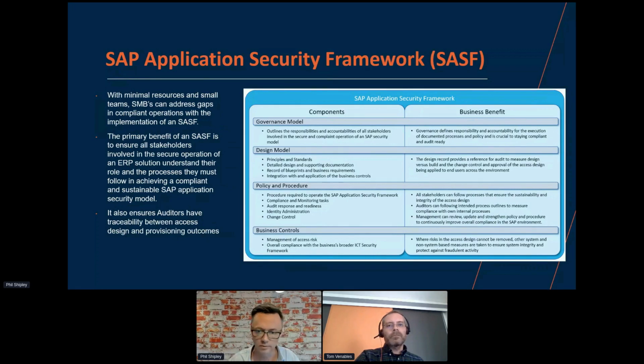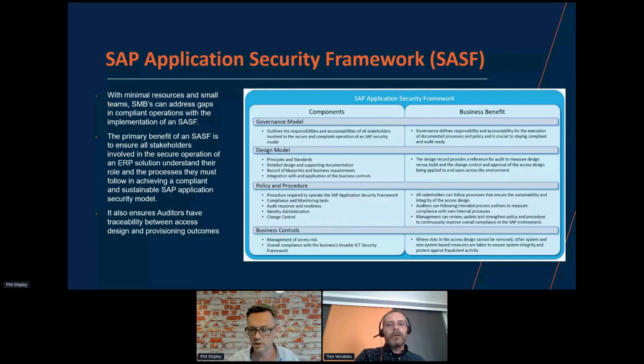The design record provides a reference for audit to measure design versus build and the change control and approval process. The last thing you want is something evident in production that you can't justify how it got there. That's a big red flag for auditors.